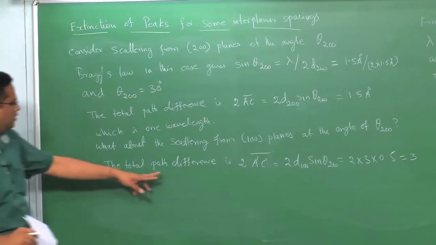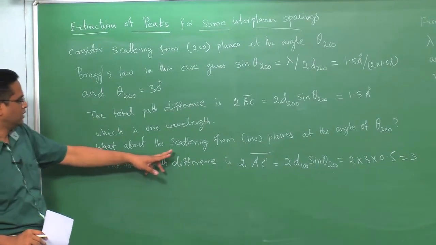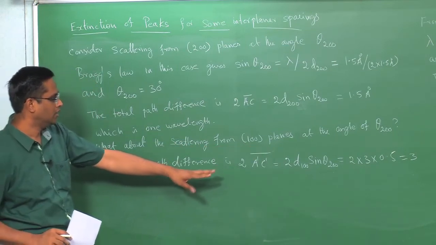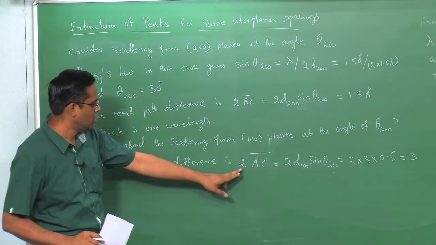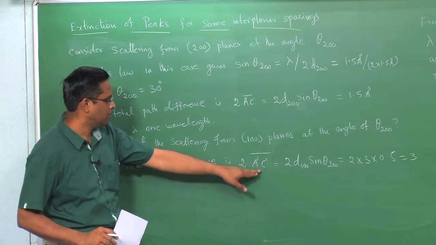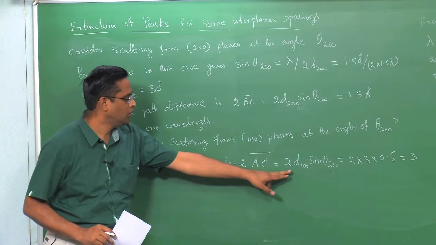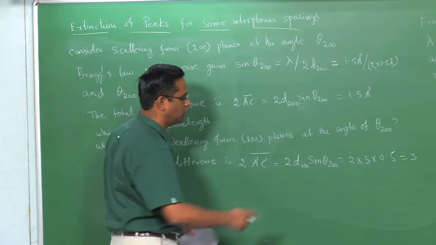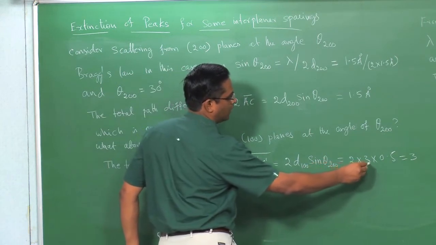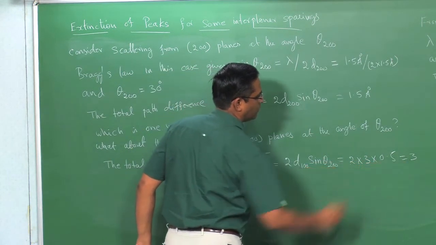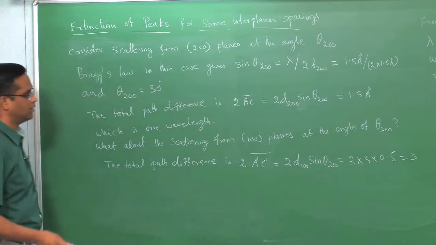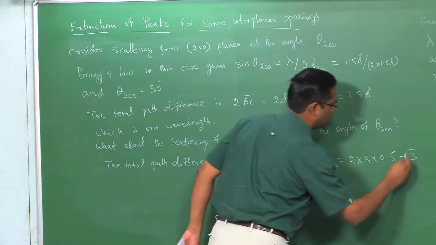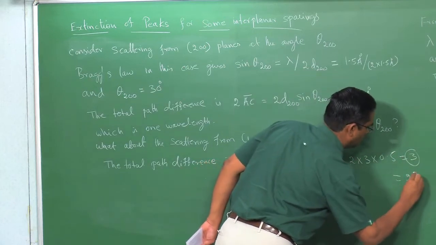So, the total path difference in the case of scattering from 1 0 0 plane at the angle of theta 2 0 0 is 2 times A prime C prime, which is equal to 2 d 1 0 0 sin theta 2 0 0, which is equal to 2 into 3 into 0.5, which is nothing but 3. 3 is 2 lambda. This value is nothing but 2 lambda.